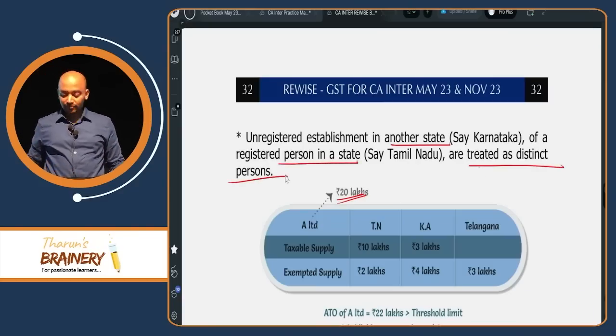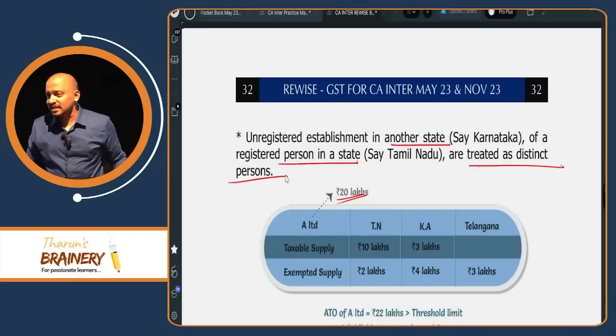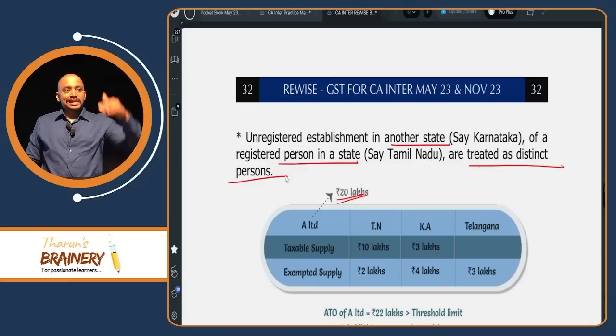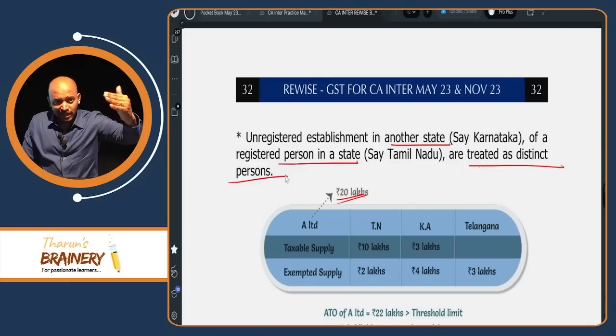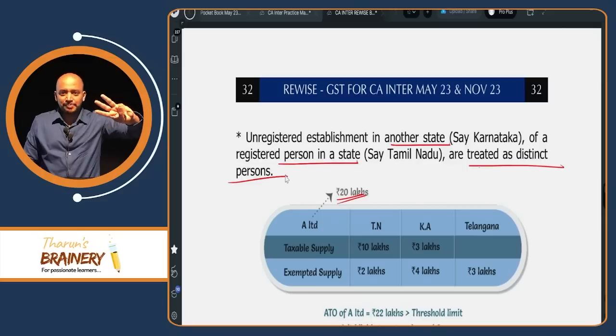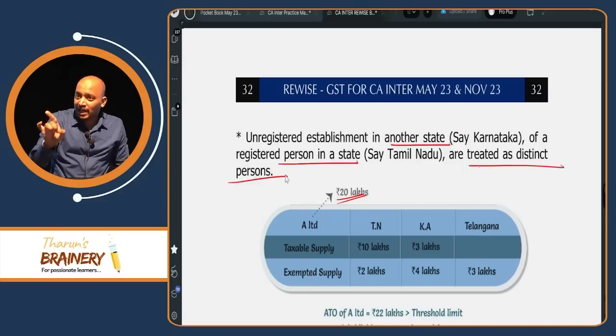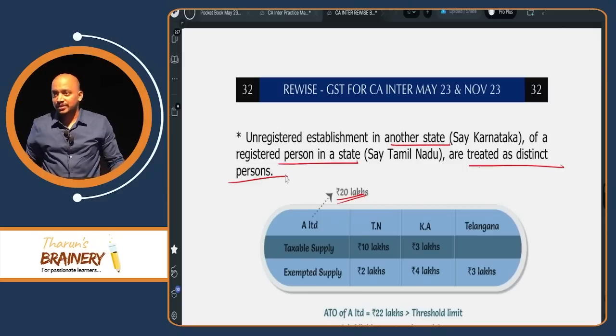Clear? Same way, I have 3 places of business in Tamil Nadu: Chennai, Madurai and Erode. Chennai and Madurai, I got separate registration.